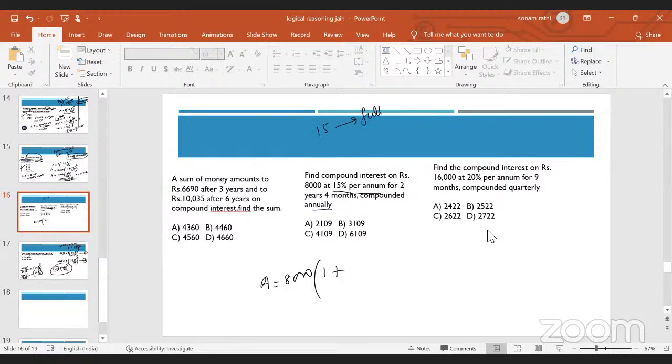Compounded annually, so let's take 15 only here. Upon 100 to the power 2 years 4 months. So 2 and 4 by 12. So how much will I get? 2 plus 1 by 3, that is 7 by 3. Yes or no? Correct? Yes. Now how to do this?